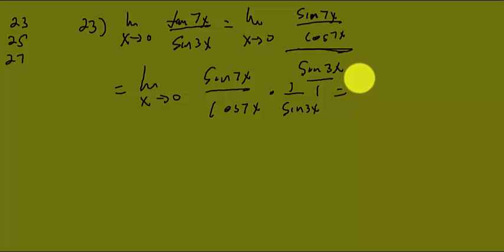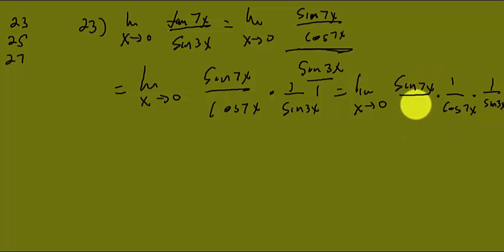Now I can rewrite this as limit as x goes to 0 of sine of 7x over something, times 1 over cosine of 7x, times 1 over sine of 3x.